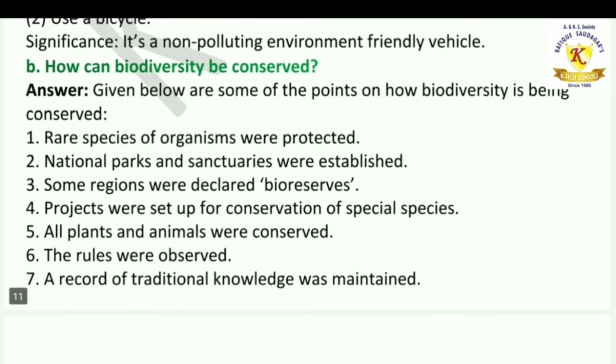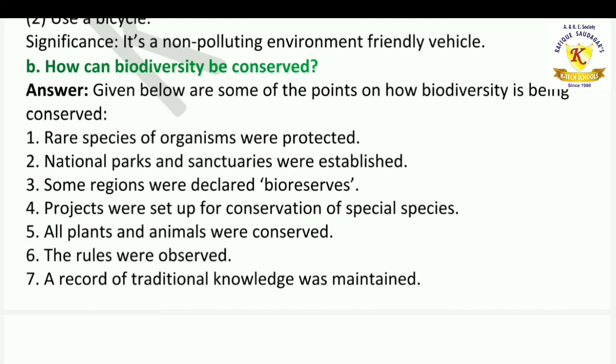B. How can biodiversity be conserved? Answer. Given below are some of the points on how biodiversity is being conserved. First, rare species of organisms were protected. National parks and sanctuaries were established.